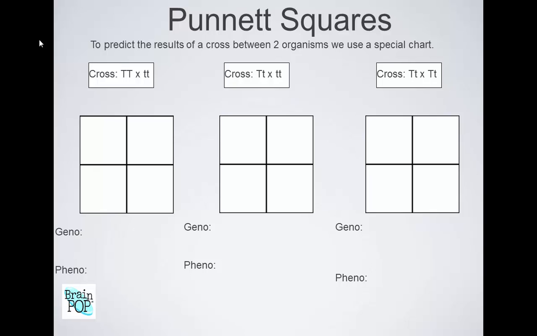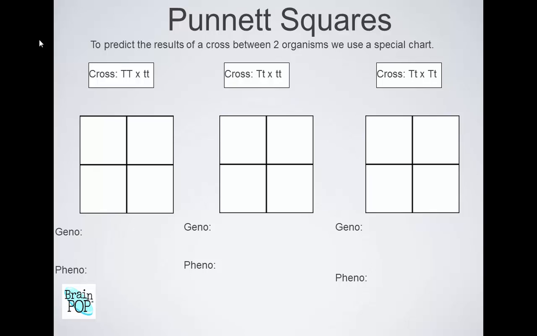That allowed people to start to understand how these characteristics are passed on from parents to their offspring. Another guy, Reginald Punnett, came up with this tool we use, a very simple diagram that allows us to look at the parents' genotypes and predict what the genotype of the offspring might be.